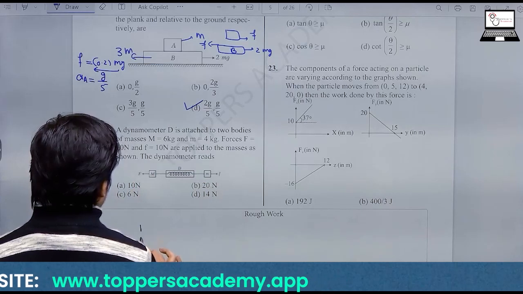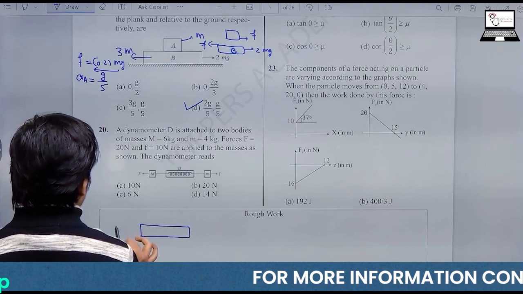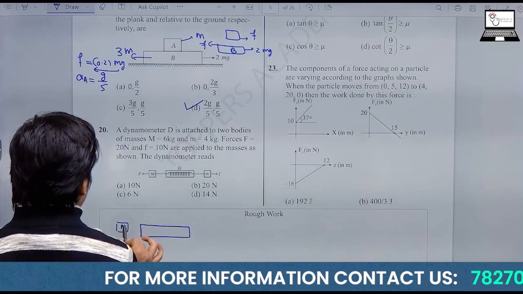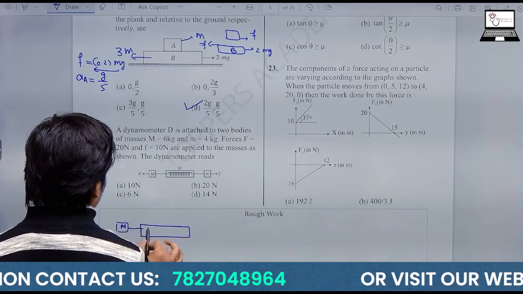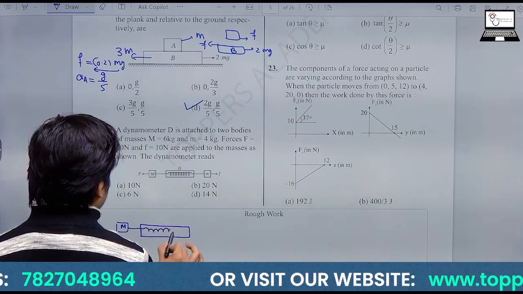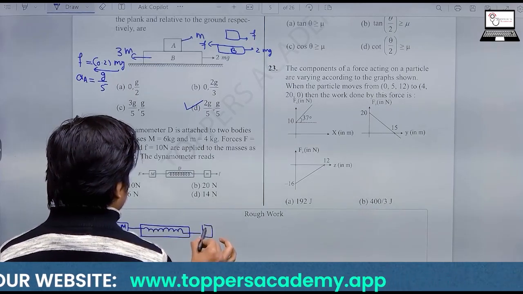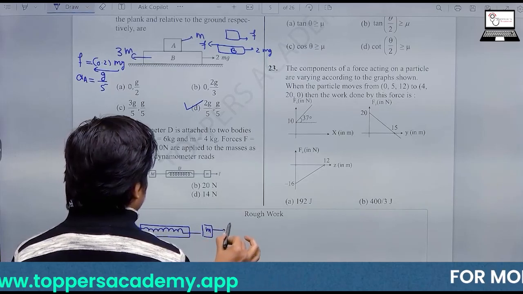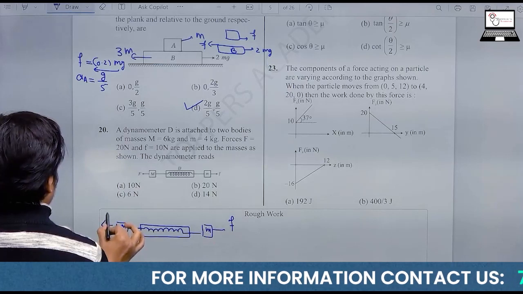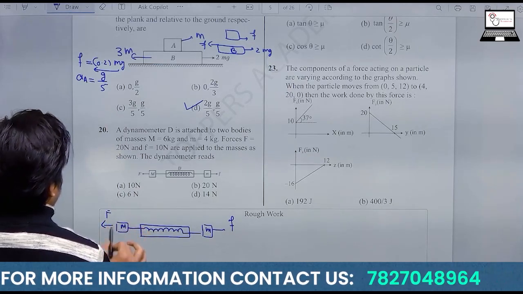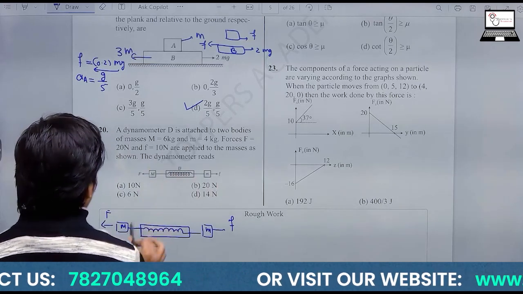So this is the dynamometer. This dynamometer will read the force, the spring force, the force produced by the spring. Now this capital F is 20 Newton, capital M is 6 kilogram.